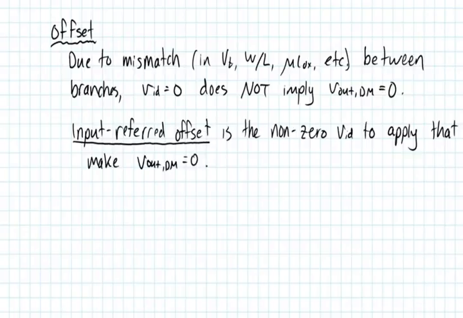Okay, so in other words, what differential input voltage do we have to apply at the input of our circuit in order to make the output equal to 0? That's what we refer to as the input referred offset.